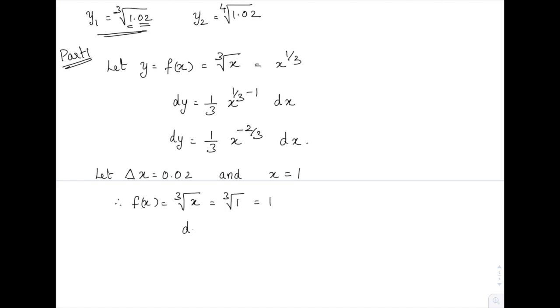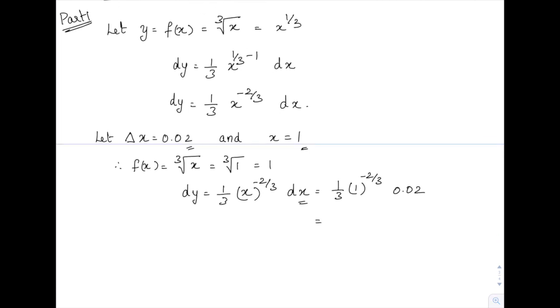So dy is equal to 1 by 3 into x to the power of minus 2 by 3 dx, which is equal to 1 by 3 into, here x is 1 to the power of minus 2 by 3, dx we know as 0.02.